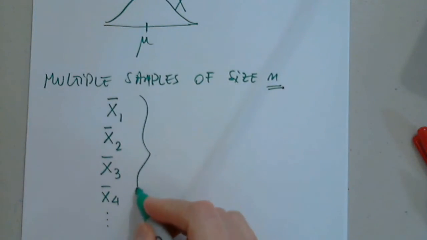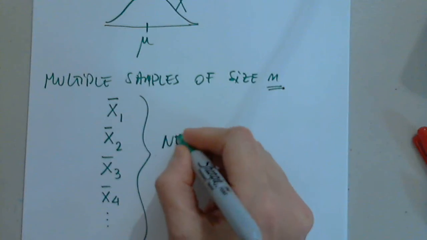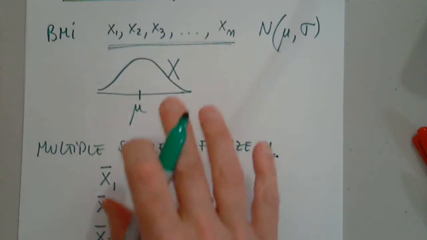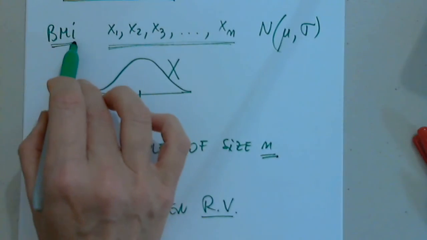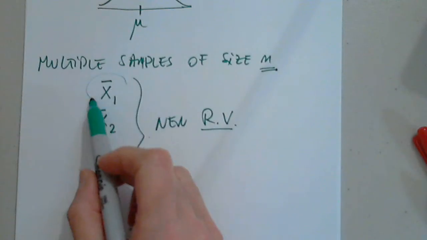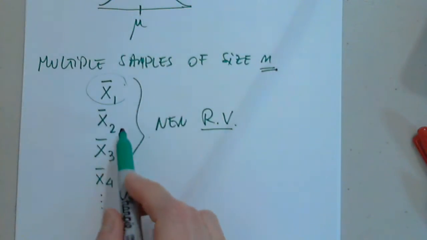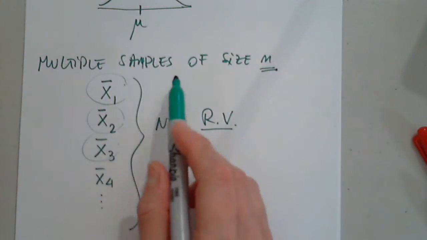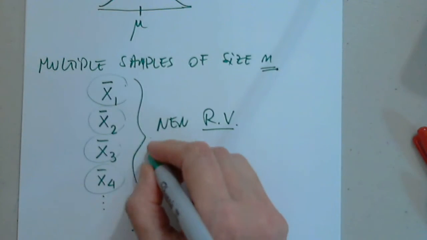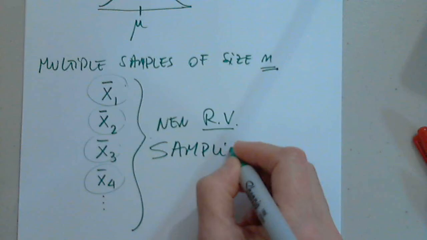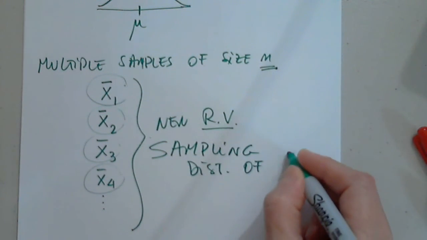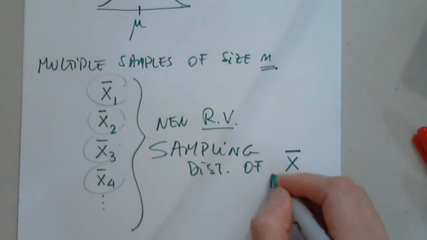I created a new random variable. What is the random variable here? The BMI. But now I created a new random variable with the mean of the first sample, our class, the mean of the second sample, the mean of the third sample, and so on. This is called the sampling distribution of x bar, of the mean.